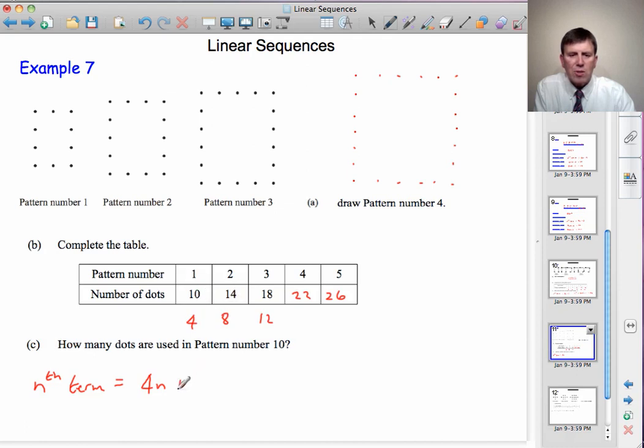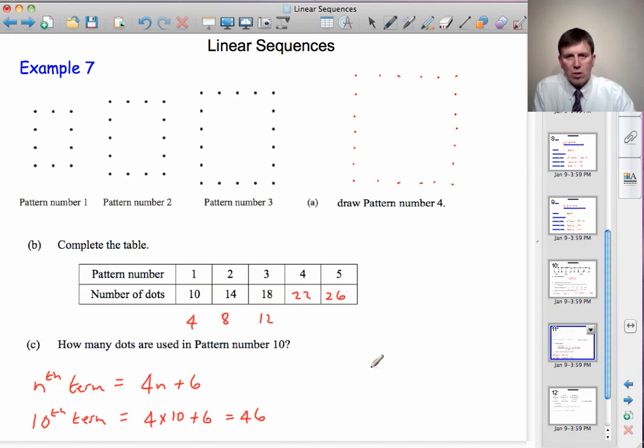And I can see that the answer is add 6. So it's 4n add 6, the formula for the nth term. So the 10th term will be 4 times 10, add 6. 4 10s are 40, add 6 is 46.